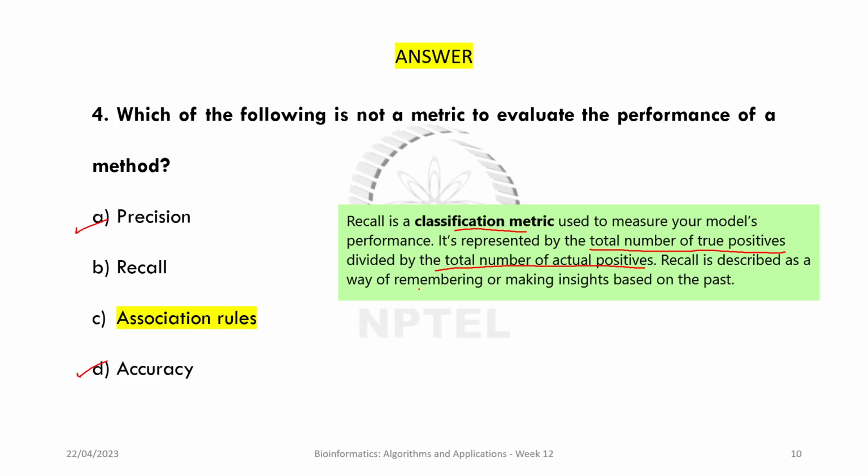So recall is described as a way of remembering or making insights based on the past. How well the model recalls something that it has already experienced or done before. So it has association rules, which is not a metric to evaluate performance of the method.